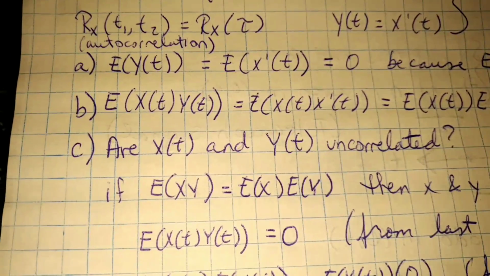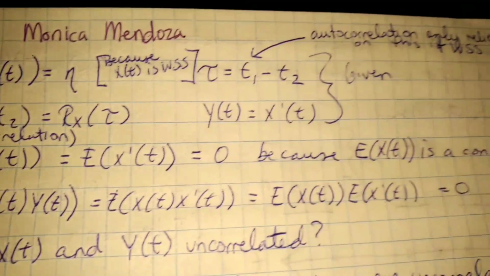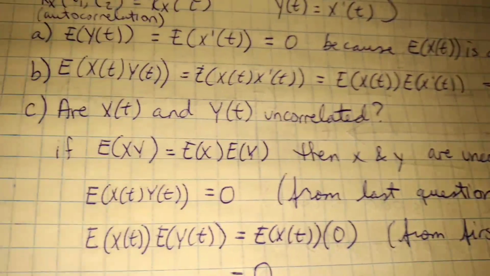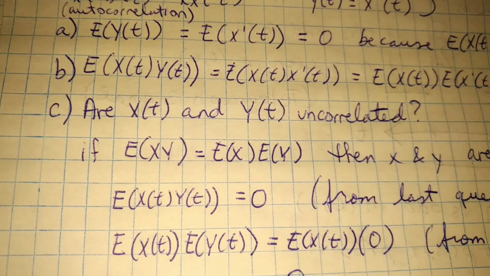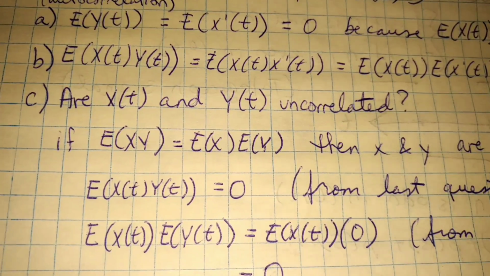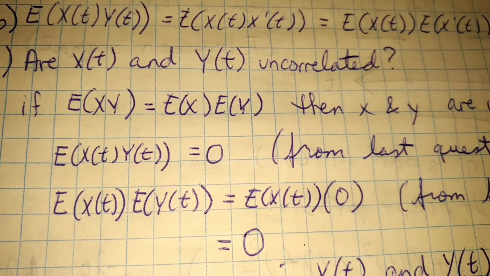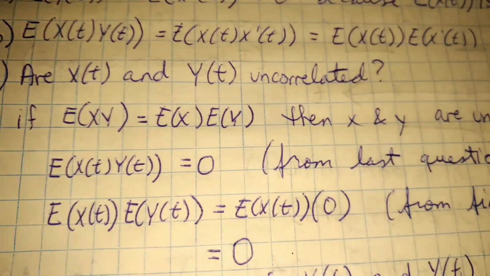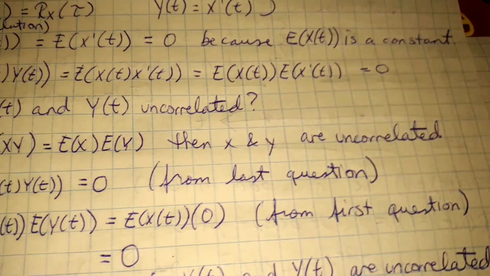So e of x of t times y of t is equal to 0 because we just calculated that in part B. And e of y of t is e of x prime of t, which is 0, so that's also just going to give us e of x of t times 0. And so both e of x of t times y of t and e of x of t times e of y of t are 0, which means that x of t and y of t are uncorrelated.